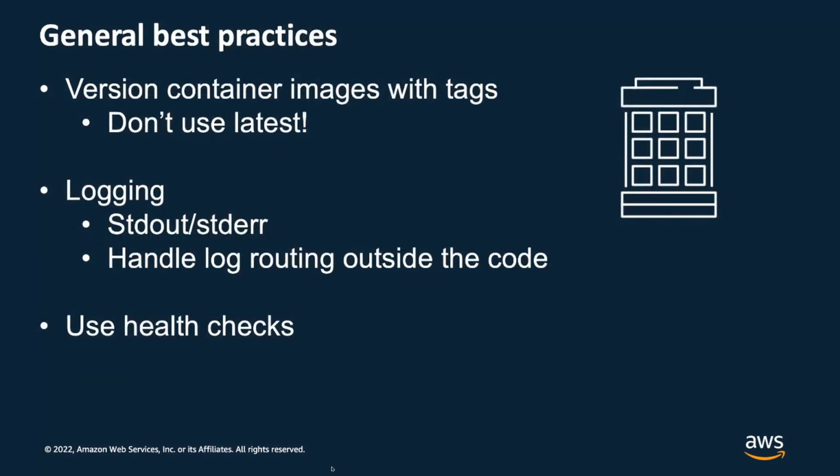So I want to wrap up with some other general best practices for running on Amazon ECS. One of those starts with versioning of your container images with tags. We always advise against using the latest tag for a couple of reasons. One, a common practice is to tag your images with the git SHA or maybe the semantic version that container is running on.